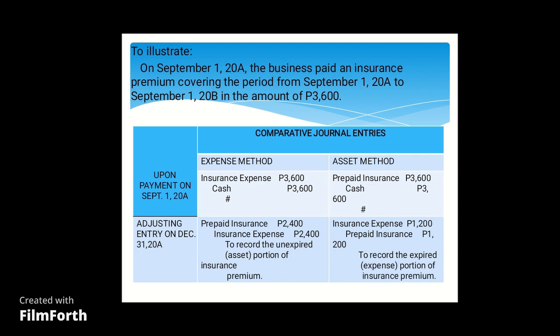If expense is understated, then net income is overstated and owner's equity is overstated because the amount of net income that is closed to capital is overstated. Therefore, in income statement, expense is understated and net income is overstated. In the balance sheet, asset is overstated and owner's equity is also overstated.